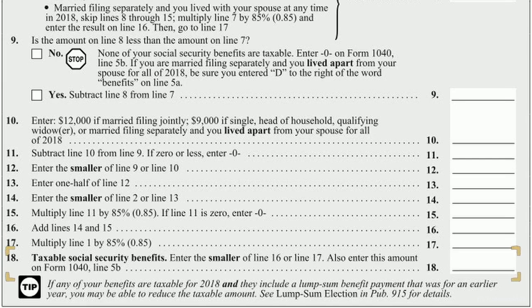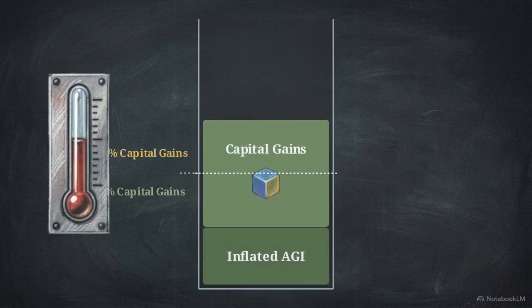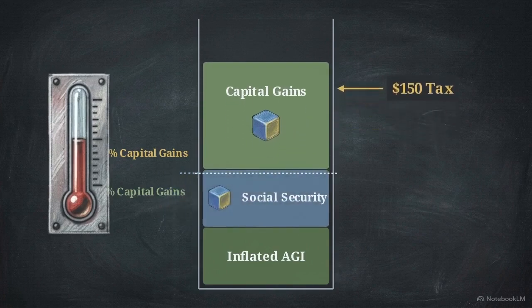Third, the inflated AGI pushes a block of previously tax-free capital gains into the 15% bracket for $150 in tax. But finally, the newly taxable Social Security benefits push still more of those gains into that same 15% bracket, triggering another $127.50 in tax.